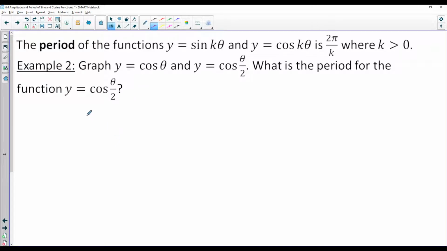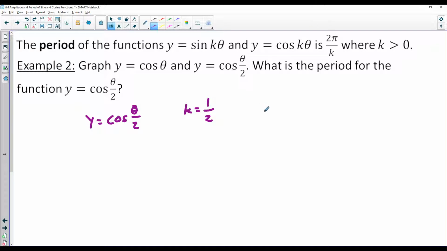But let's just get right into y equals the cosine of theta over 2. Well, we just said that the period is 2 pi over k. What is k here? K is really 1/2, right? Because really we have like 1/2 times theta if we're just dividing it by 2.